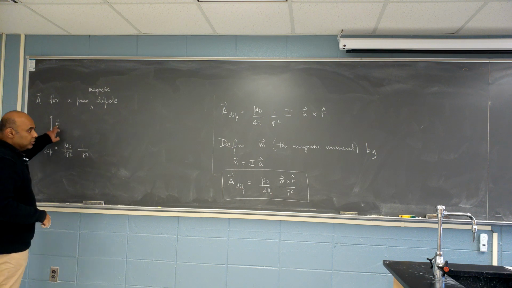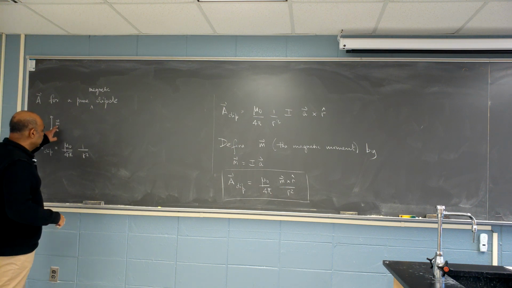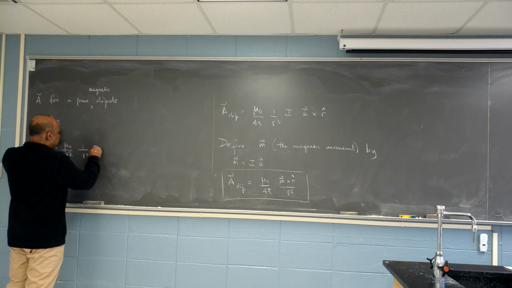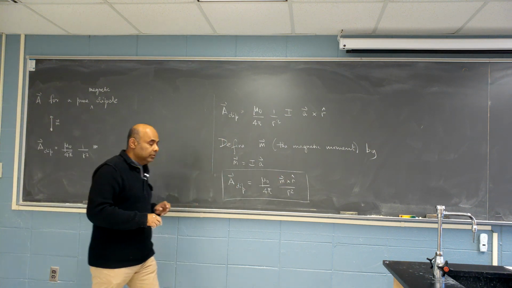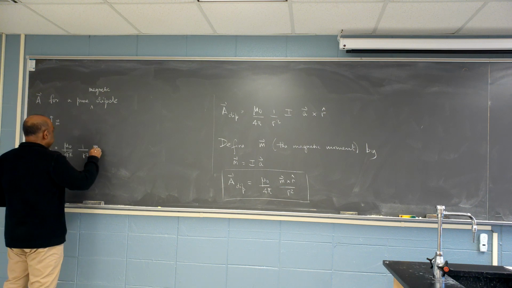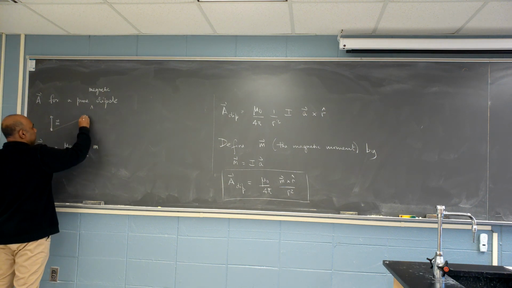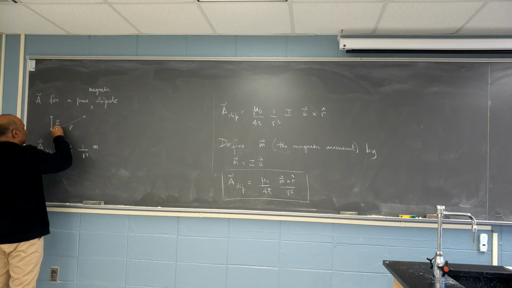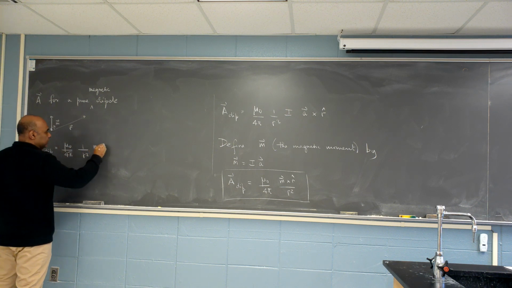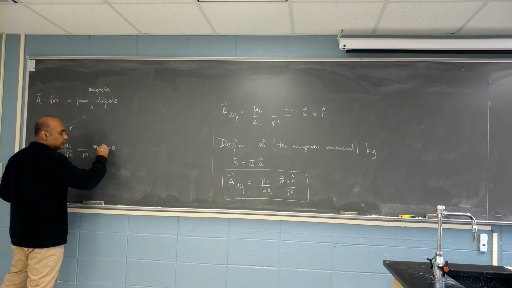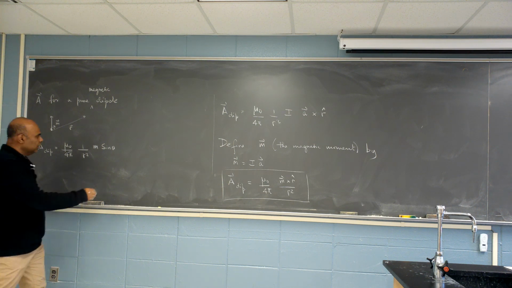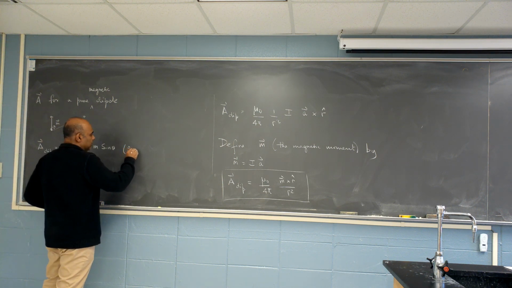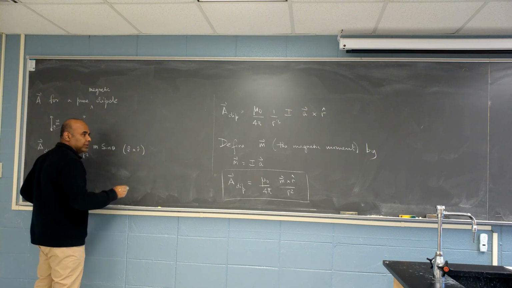Now m cross r, I know the magnitude. It's going to be m cross r hat. So it is m, it's a cross product, so it is sine theta. What is z cross r hat?